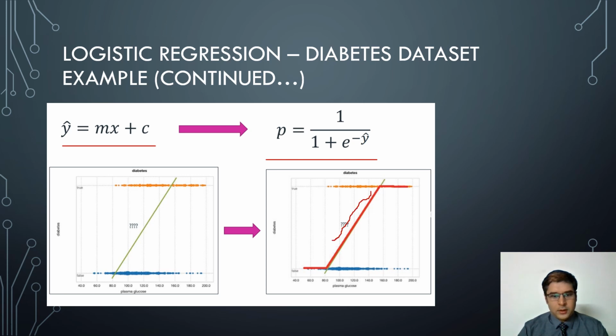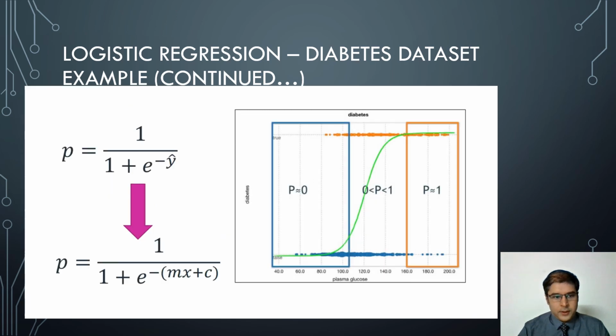This oddness is solved as you can see in the coming slides. So p is equal to 1 by 1 plus e to the power minus y cap, where y cap or y hat is the mx plus c from the linear regression output. So here p is the probability of the output variable, which should be equal to 1 by 1 plus e to the power minus (mx plus c).